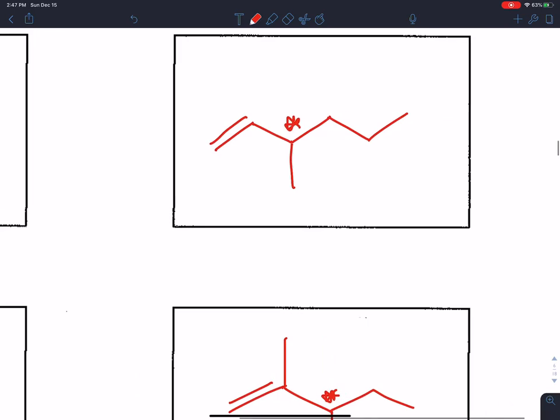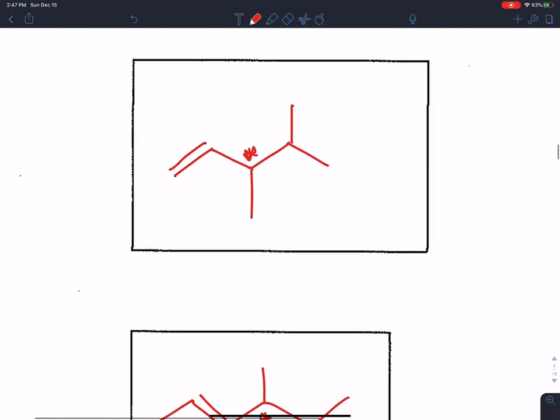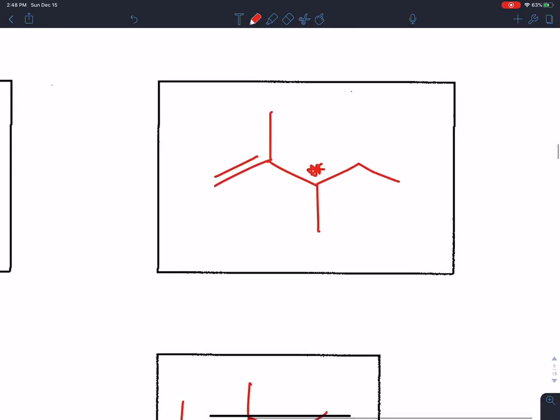Next one, now I have 3-methyl-1-hexene. Now I have 3,4-dimethyl-1-hexene. Then we have 2,3-dimethyl.